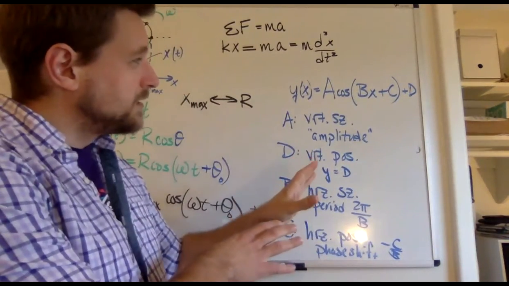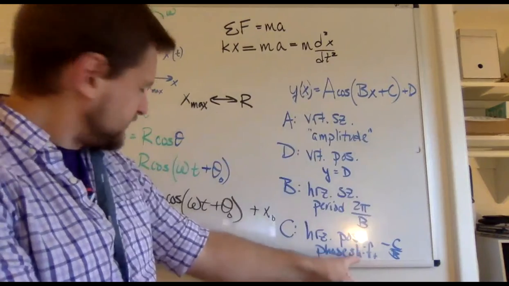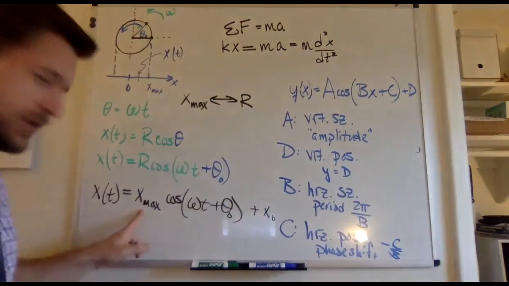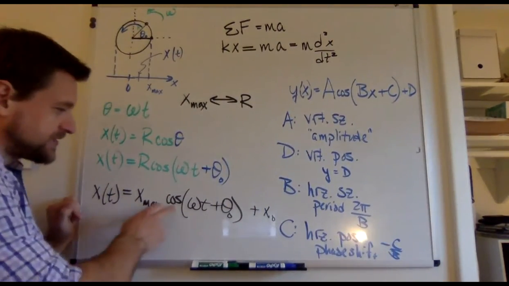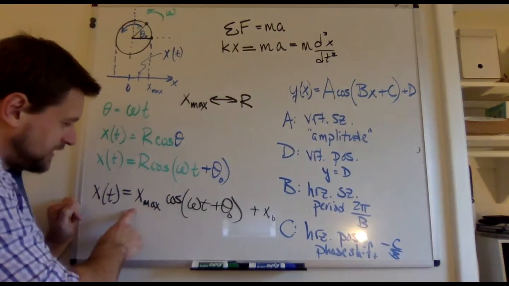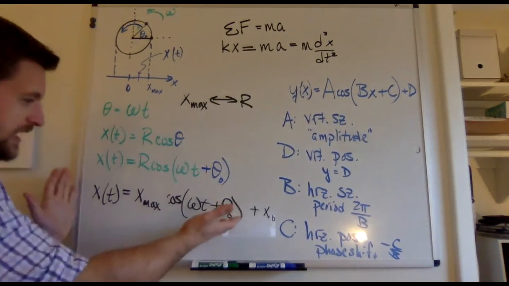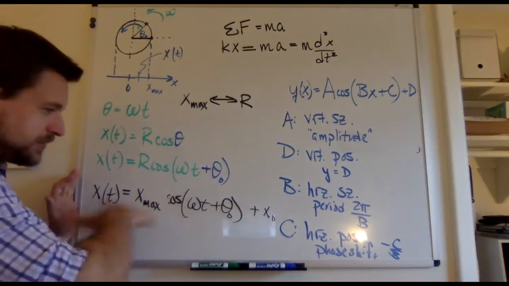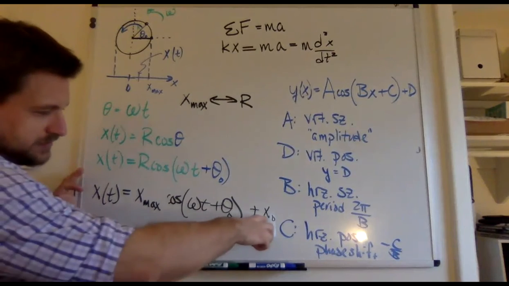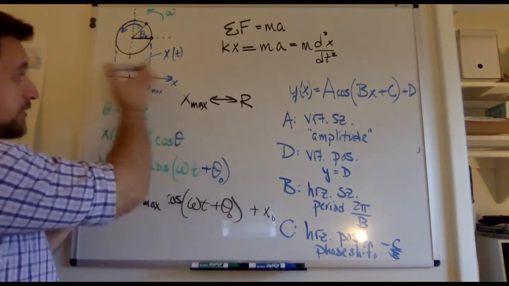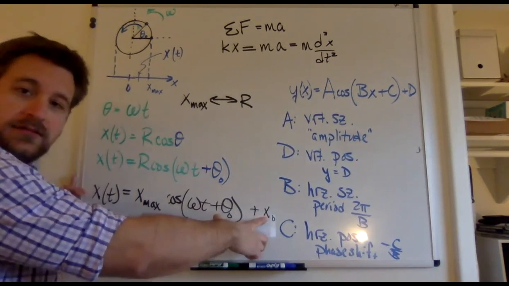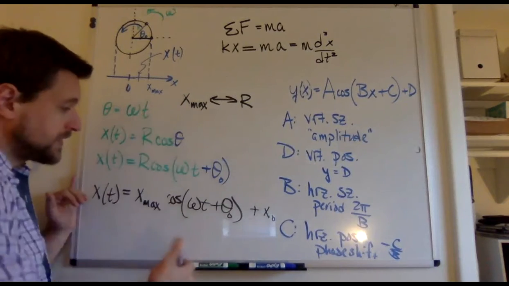Okay, so that's that, and that means that what we just wrote, x max cosine omega t, means that x max is the amplitude, apparently, of this trigonometric function. Wherever we put the origin, let's make that the center line of the function.